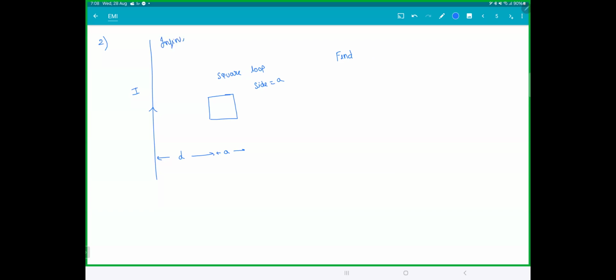So basically, this infinite wire is creating a magnetic field, and that is creating flux in this loop. Find the flux in the loop due to the magnetic field of the infinite wire. Let's get this.